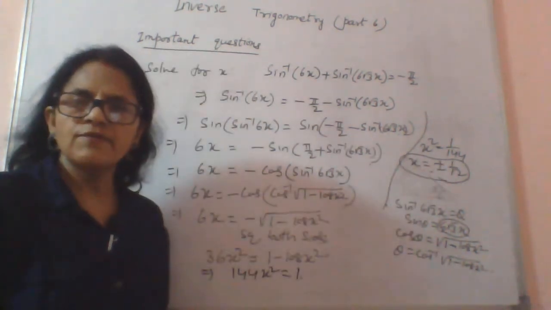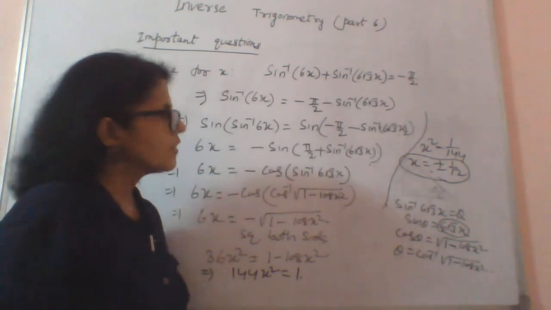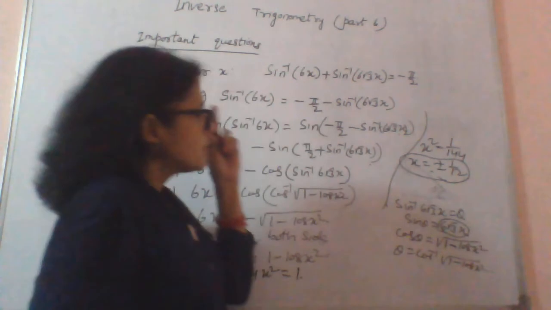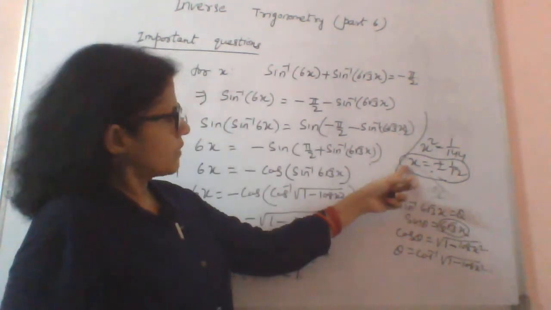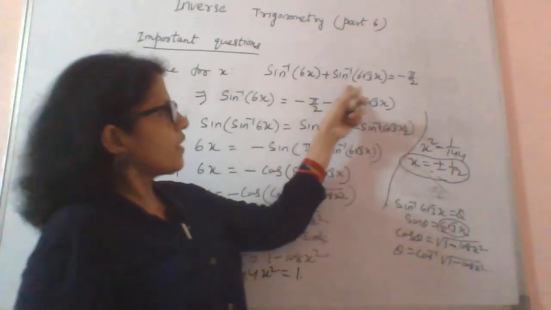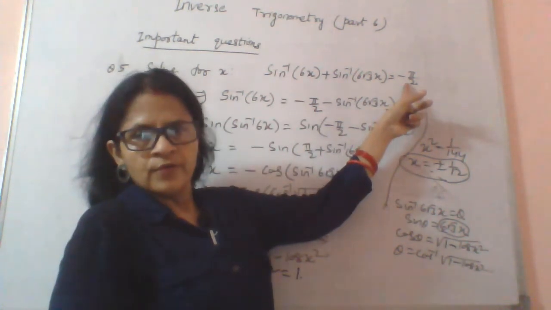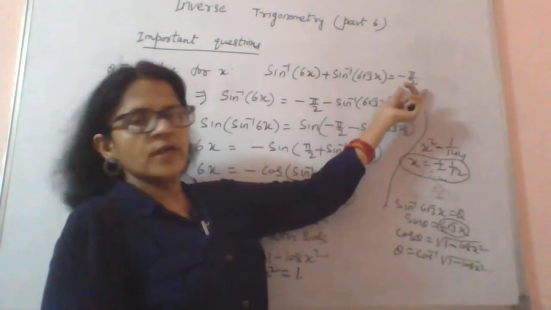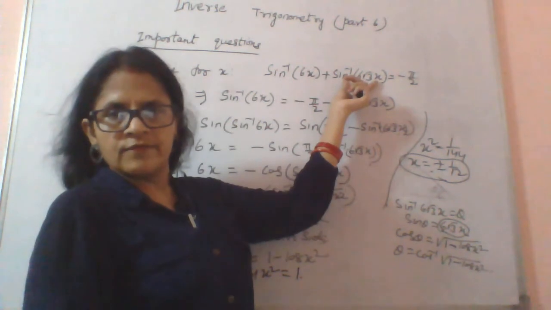So we have to verify whether both the values are accepted or not. Okay, so we have to show this verification step also, right? To verify this, as it is very clear, sin inverse 6x plus sin inverse this equal to minus pi by 2. So if the sum of these two is negative, these two must be negative, right?